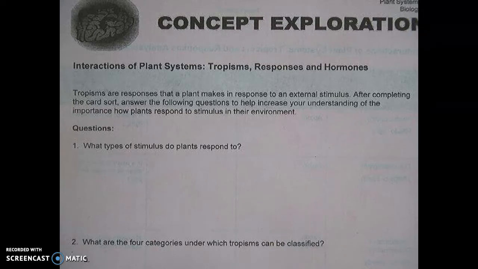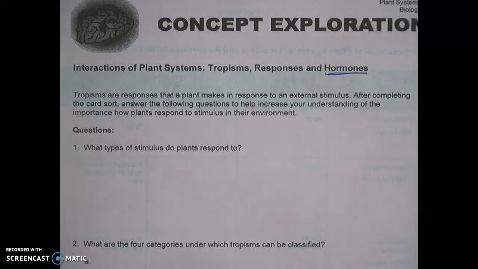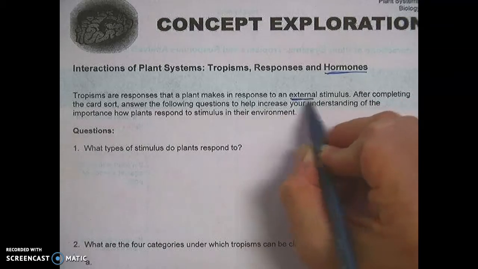All right, so I promised today we're going to talk about tropisms, those responses, and most importantly, those hormones. So you have a worksheet. It's a 2-page worksheet. The first thing you have is just your definition of tropisms, which you also wrote into your plant systems foldable. And that is that those are responses a plant will make in response to external stimulus.